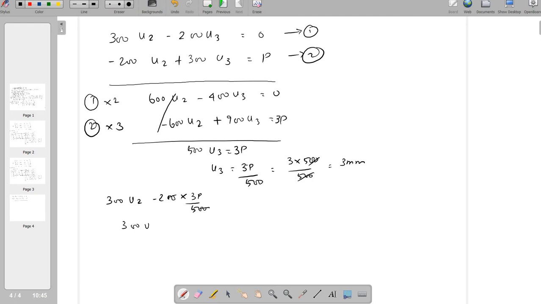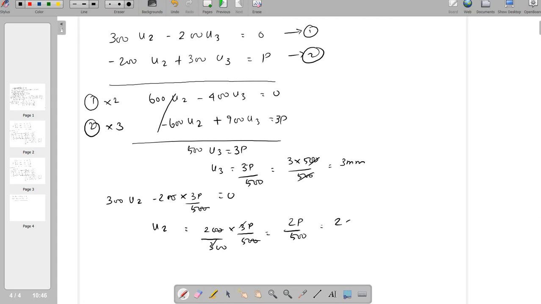So 300 U2 minus 200 into 3P by 500 equals 0. So U2 equal to 200 into 3P by 500 divided by 300, which is 2P by 500.